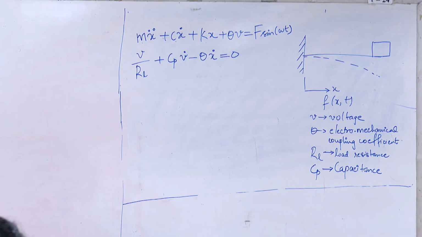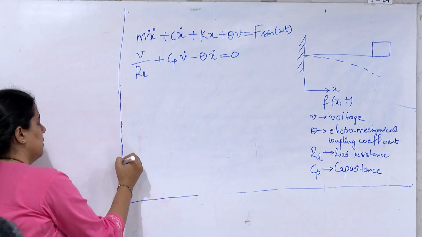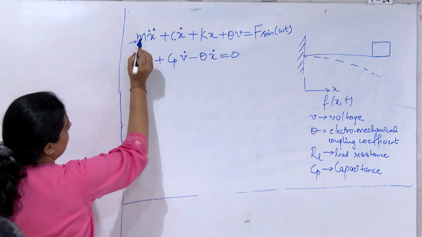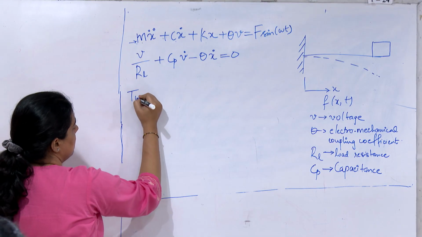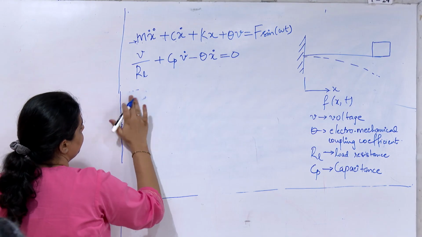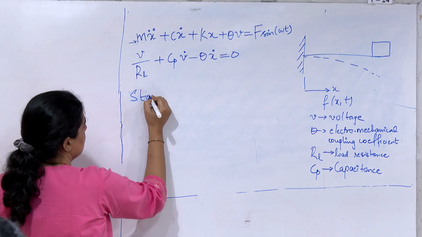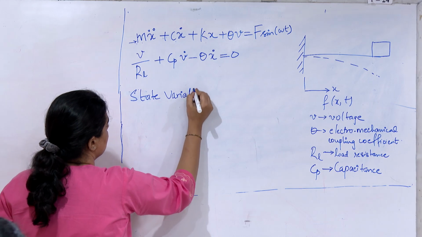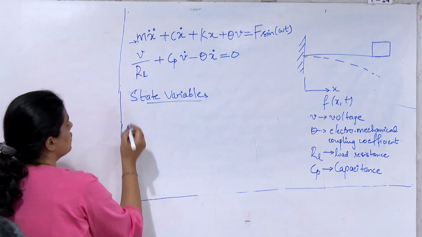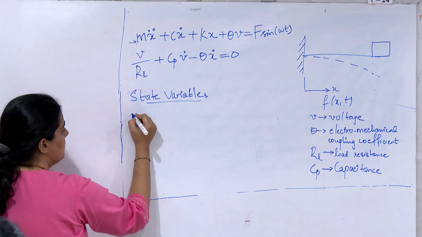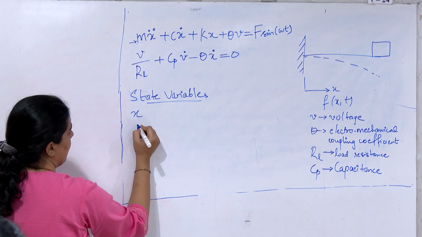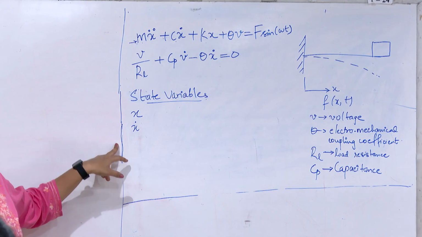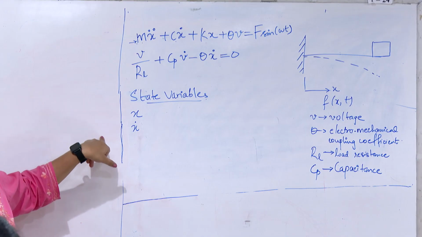Here you can see that for our mechanical part we have two state variables: the first is x, the second is x dot. This is what we covered in the last class also. We defined two equations and two state variables.